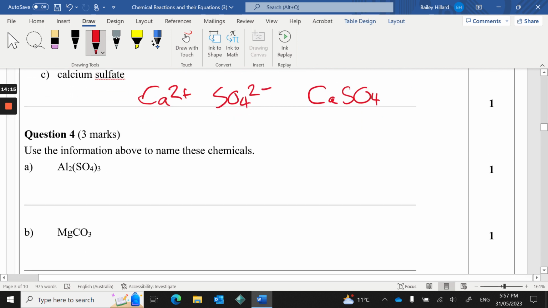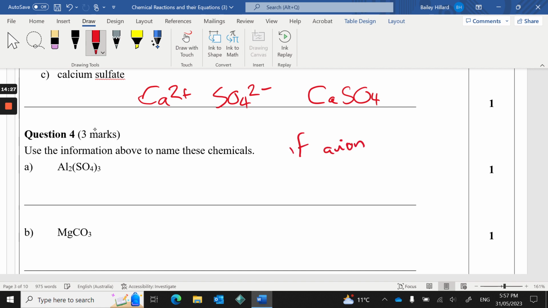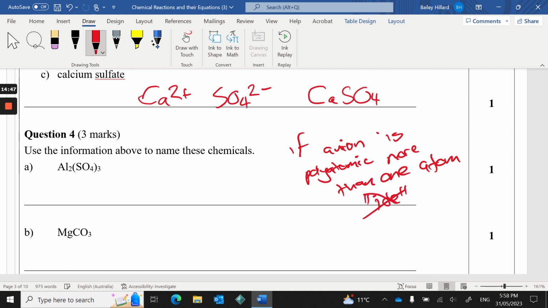So naming chemicals, or naming salts, I should say, this is something that can be mixed up. All we need to remember is that if the anion is polyatomic, or just more than one atom, we do not add the "-ide" ending. So do not add the "-ide" in that case.